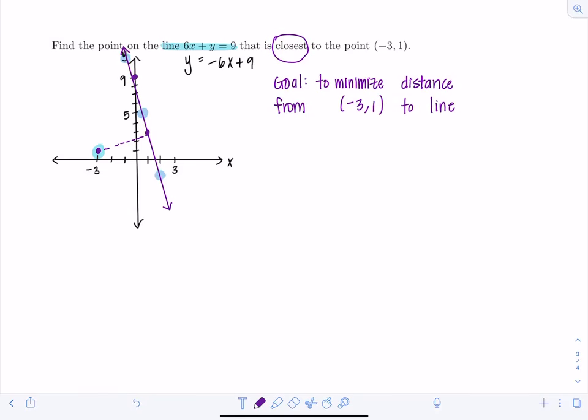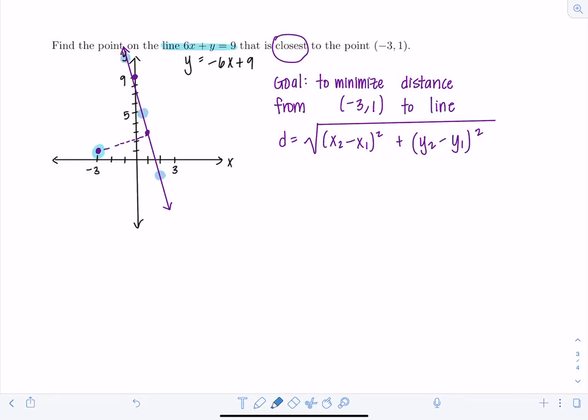Okay? Well, we have a distance formula in math. Isn't that convenient? So the distance is equal to the square root of x2 minus x1 squared plus y2 minus y1 squared, when x1, y1, and x2, y2 are 2 points.